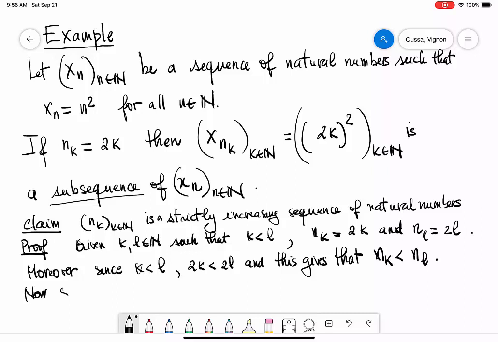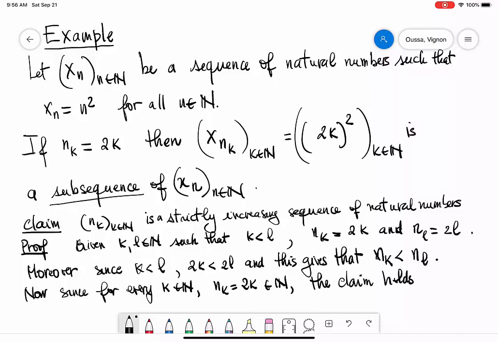Now, since for every natural number k, n_k, which is 2k, is also a natural number, the claim holds. So we indeed have a strictly increasing sequence of natural numbers. The new sequence x_{n_k}, which is obtained by taking (2k) squared, essentially 4k squared, is a subsequence of x_n.